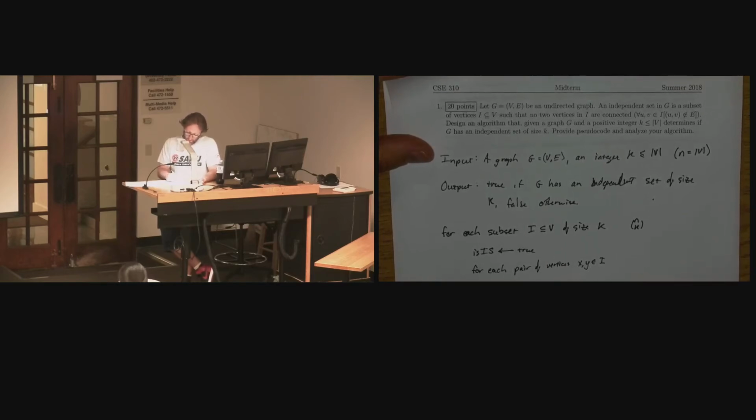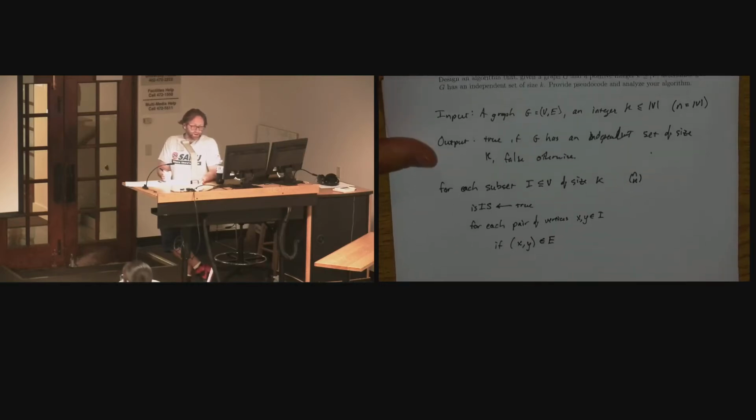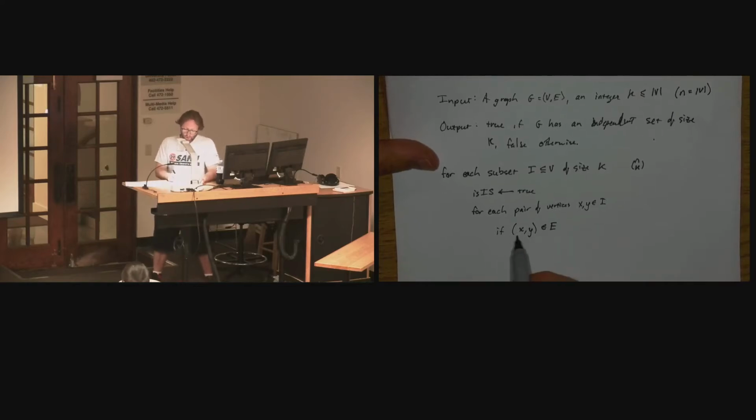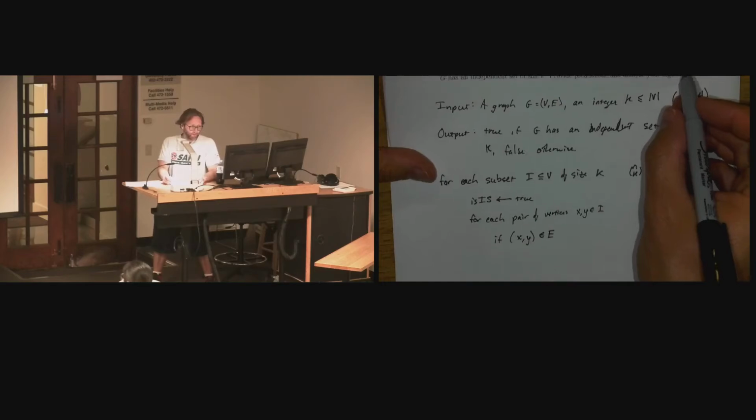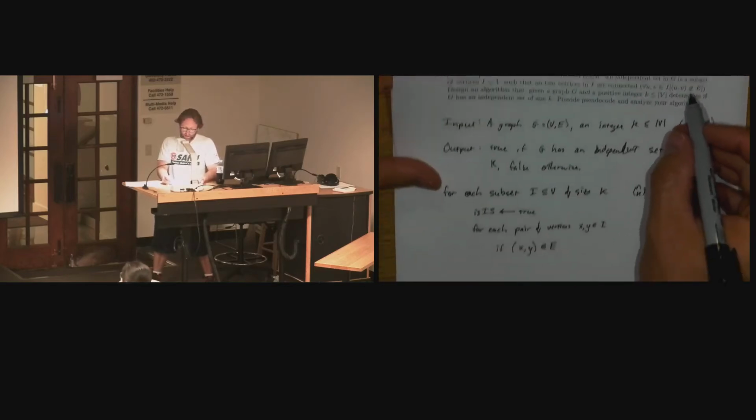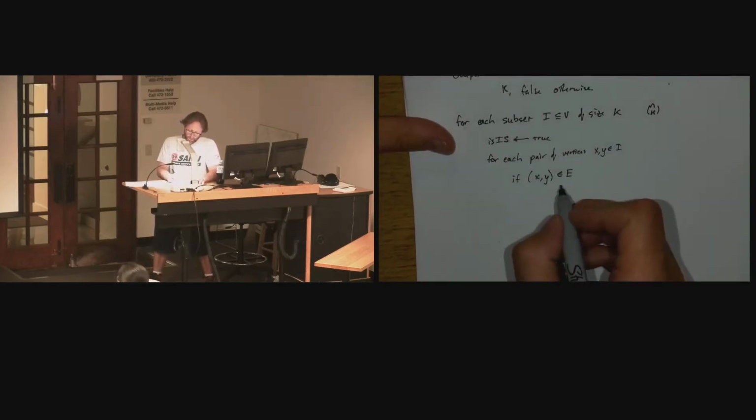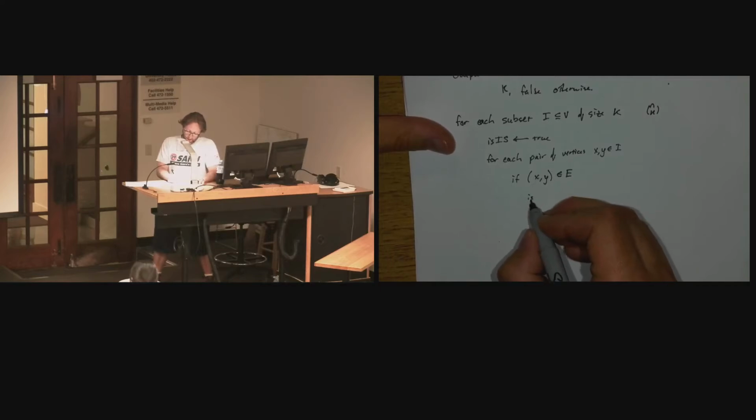If x and y is an edge, then we've found reason to believe that it is not an independent set because two vertices in this set are connected, and the requirement is that they are not connected. So if we find that they are connected, then we can set is independent set to false.